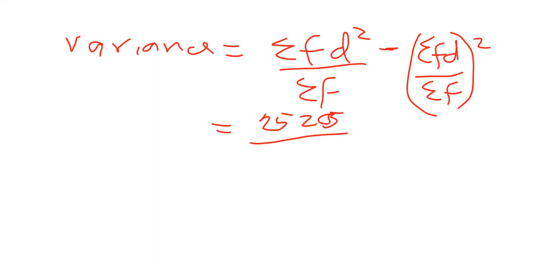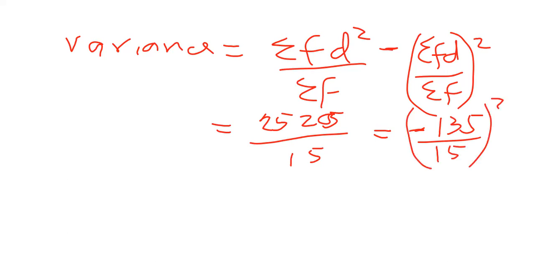Yes, 3 plus 5 and so on. And this one is minus 135 over 15, all raised to the power of 2. So the result here, 2525 over 15. What do you have?